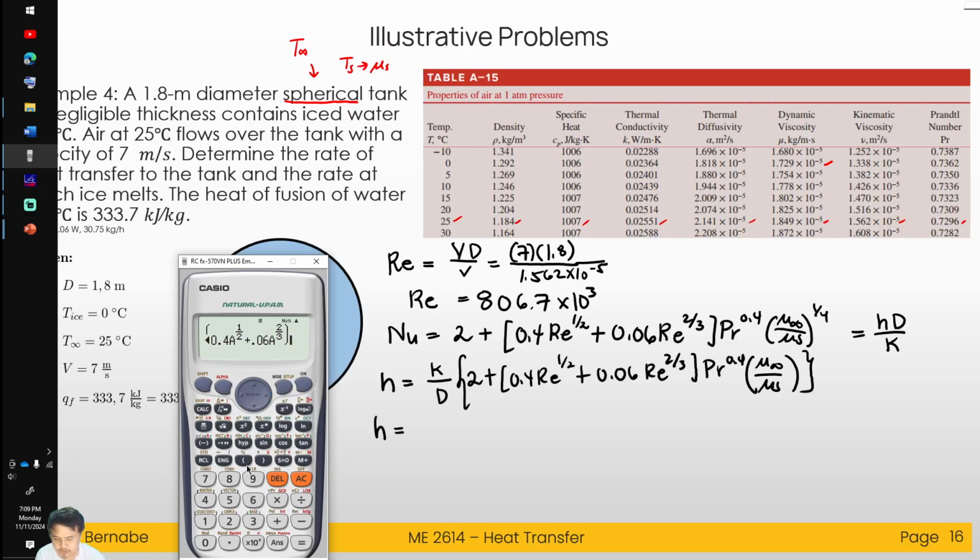Prandtl number. So Prandtl number, I'll just write here B. Do you have the 2 there? Okay, we have the 2. Okay, and then raised to 0.4 and multiplying this by the ratio of the dynamic viscosity.